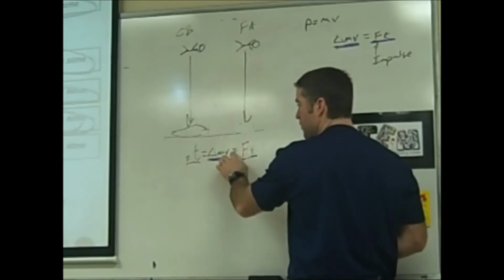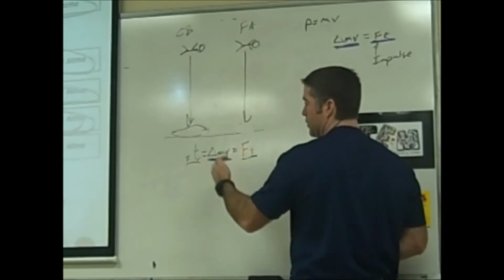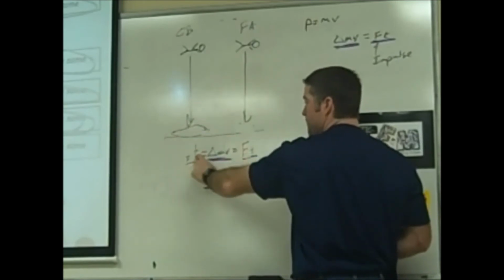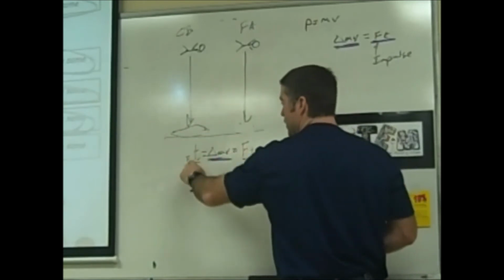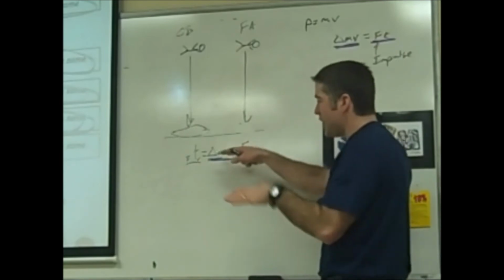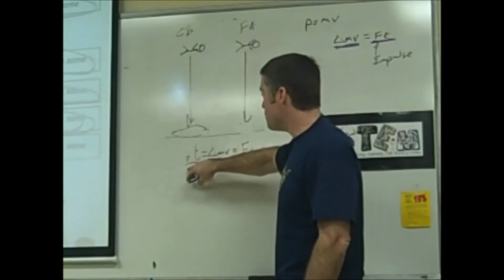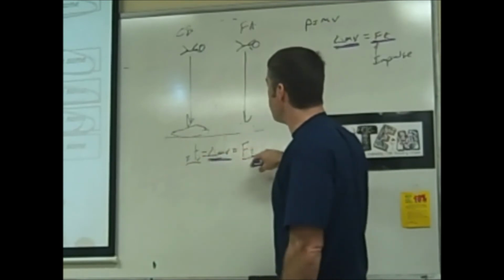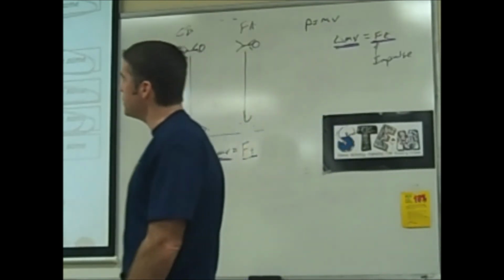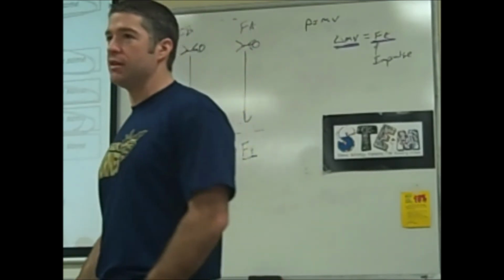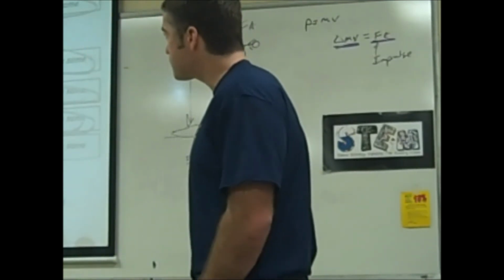So to change momentum enough, he has to have a big impact force. Cool Bob is slowing down over a longer period of time, so to change momentum, his force is smaller. To get the same stopping change in momentum, this guy has a small force over a long time, this guy has a big force over a short time. So C is Flat Ace has the biggest force. It takes a bigger force to stop suddenly than it does to stop slowly.